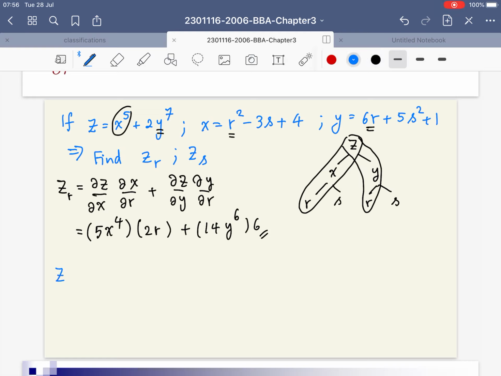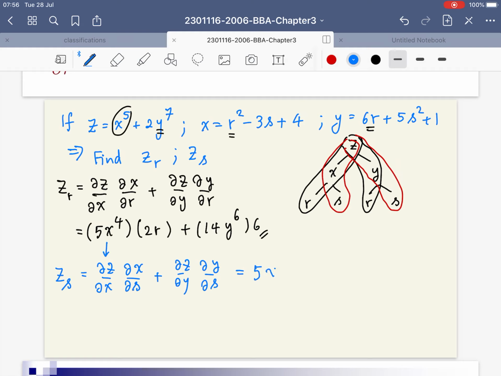The dz by dx is 5x to the fourth, and then dx by dr here is 2r. Dz by dy is 14y to the sixth, and dy by dr is 6. Again, here is a good looking final answer already. How about your derivative with respect to s? You are going to go through the first path through x, and the second path through y. So you have dz by dx again, and then dx by ds, dz by dy, and dy by ds. Here it is the same thing.